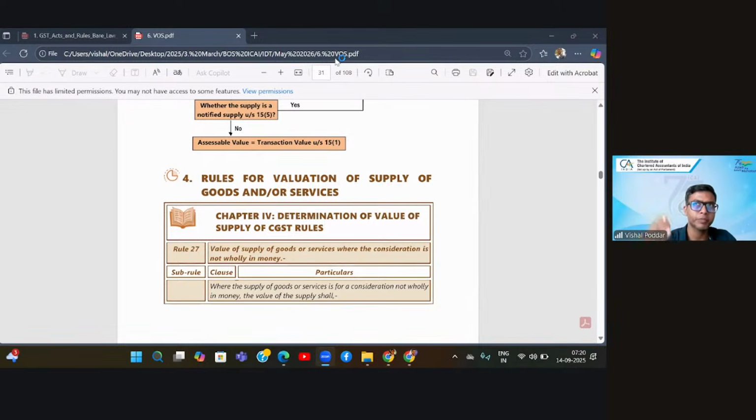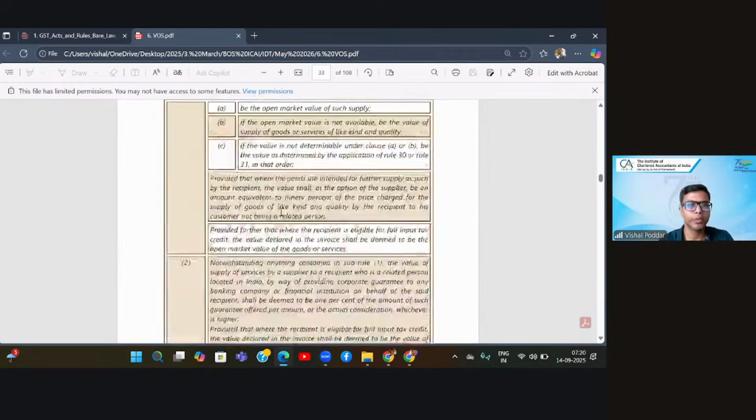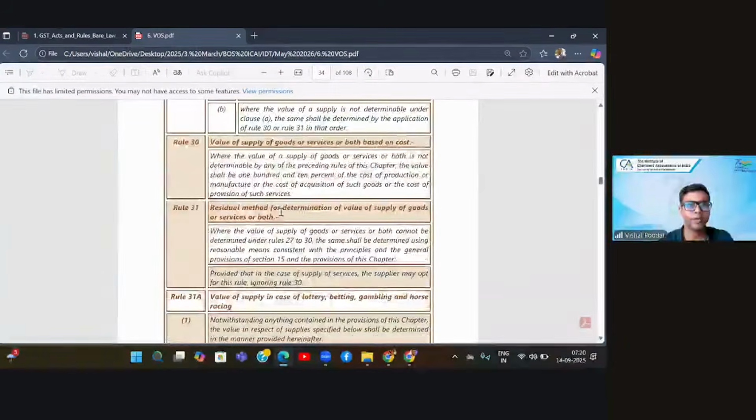Obviously, what I explained to you relating to 15(2) and 3 are equally important from the point of view of case study questions. But valuation rules are also important because you may be required to apply one of these valuation rules. Now, as you can see on the screen, these valuation rules are provided in Rules 27, 28, 29, 30, 31.